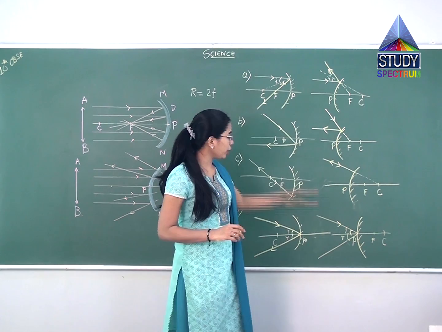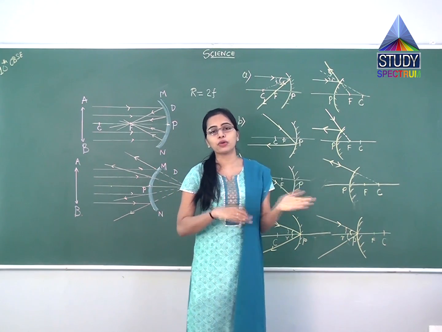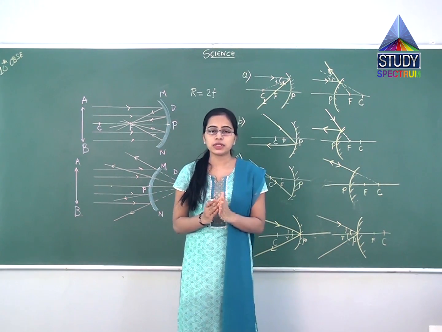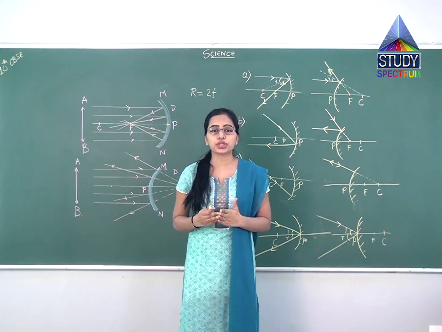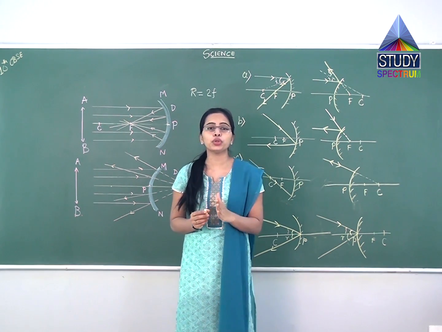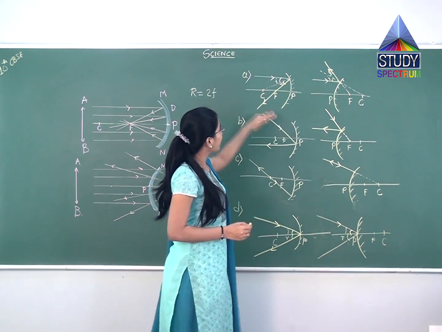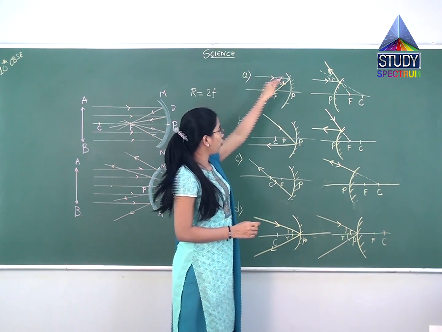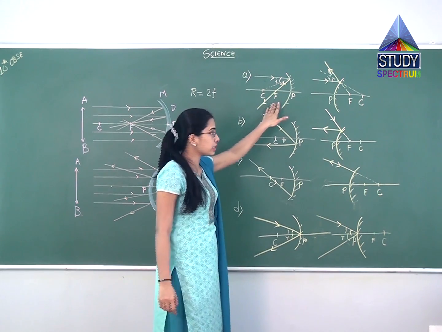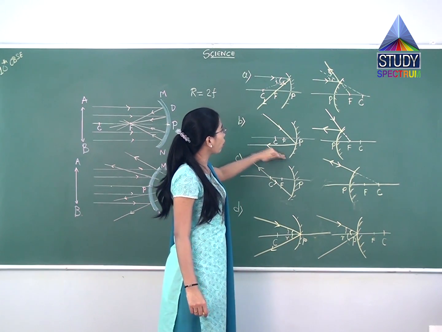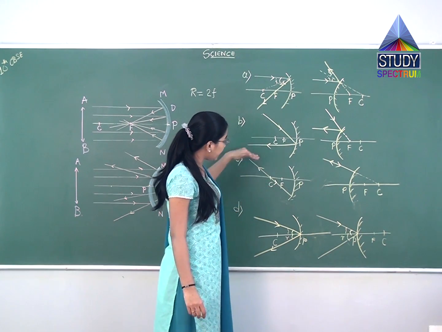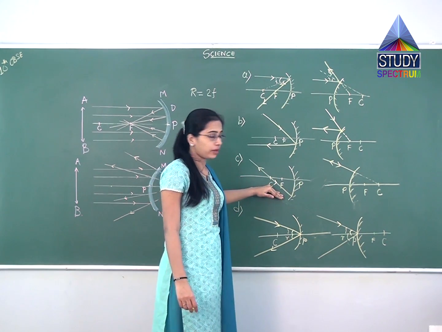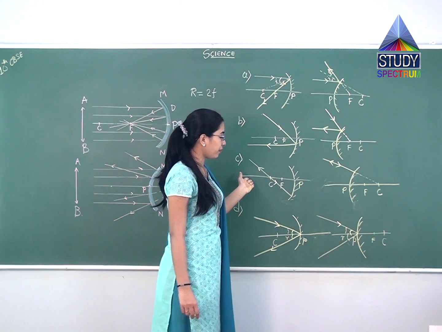I am showing you this because we have to draw the diagrams for concave and convex mirrors by changing the positions of the object. So you should know that if a ray is falling parallel, from where will it pass? If a ray is falling obliquely, what will happen? If a ray is passing through the center of curvature, how will it get reflected?